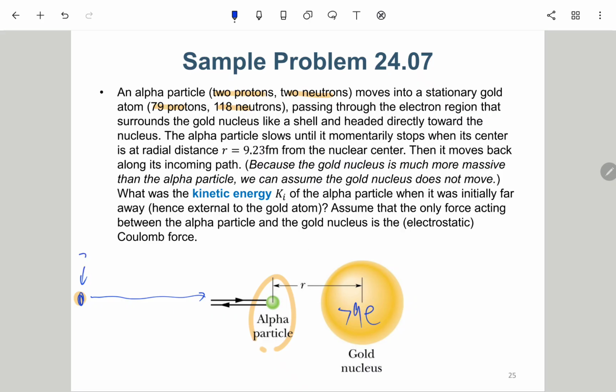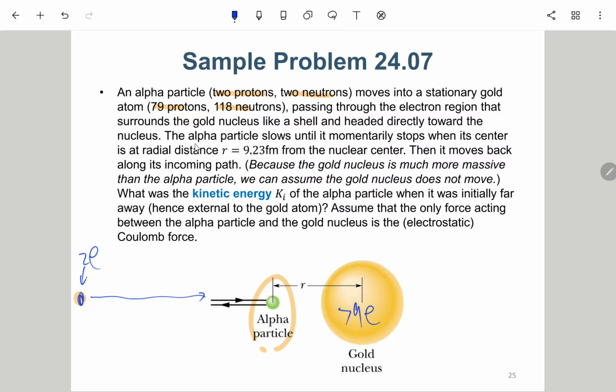Okay, this is 2e. Both of them are positive charge, so there will be Coulomb's force repelling each other, so that this alpha particle will decelerate until it stops and then returns.